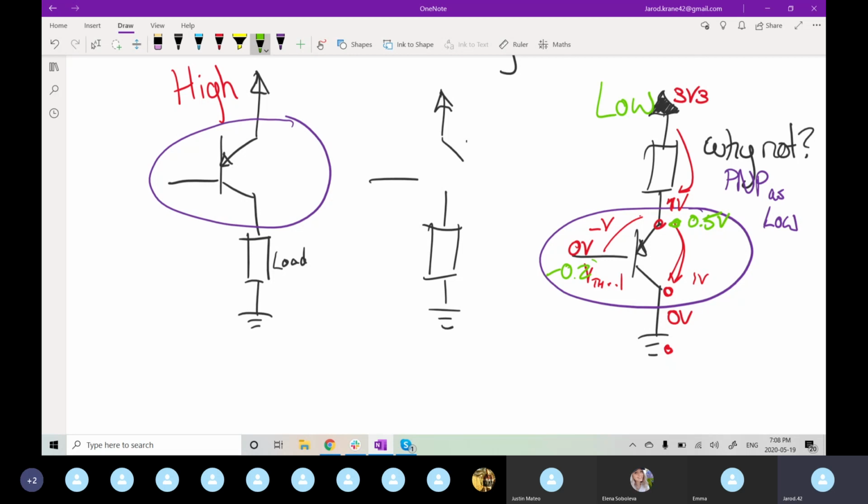So that's why we'll see it being used as a high side, because it's directly tied to your system voltage. So right off the bat, it's 3 volts or whatever your system voltage is. It hasn't gone through any voltage drop initially. So you don't have to worry about potentially having to apply a negative voltage.